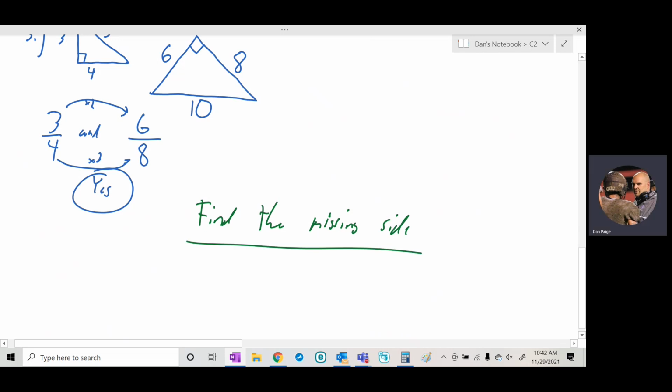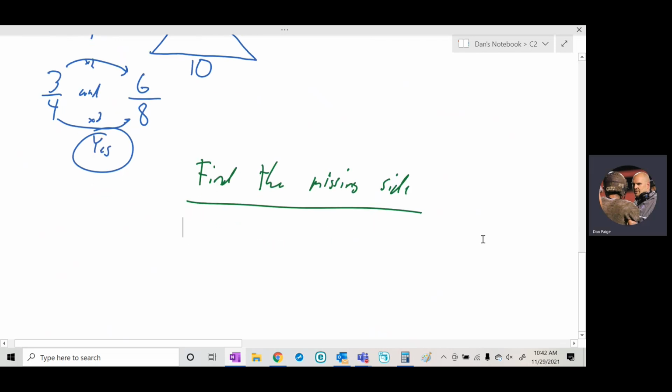And so now it's going to say these two shapes are proportional. You've got to find the missing side. So it'll have something like this. We'll do it with rectangles here.